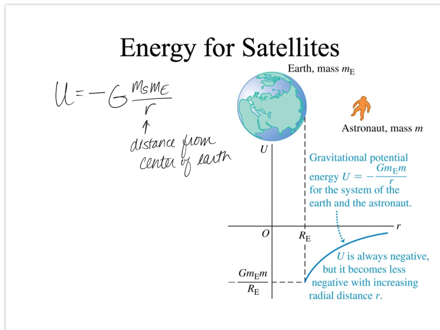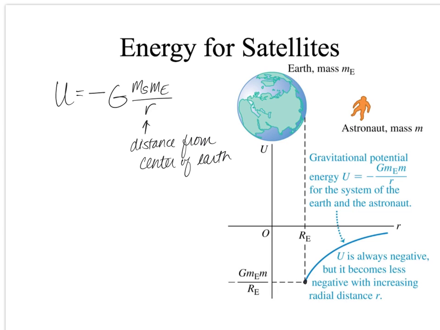Now, we're actually going to start at the surface, so we don't have a distance closer, and that would be when the distance is the radius of the Earth, and then as it goes up towards higher and higher distances.